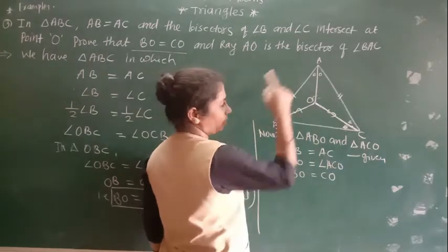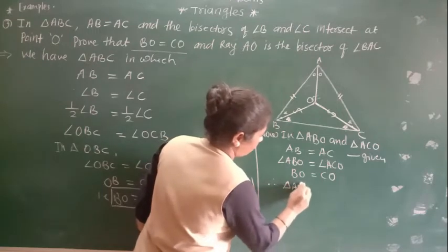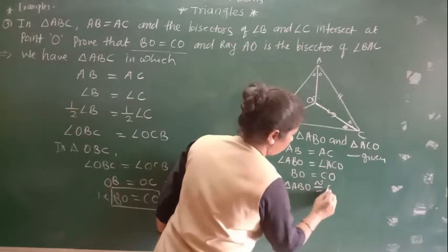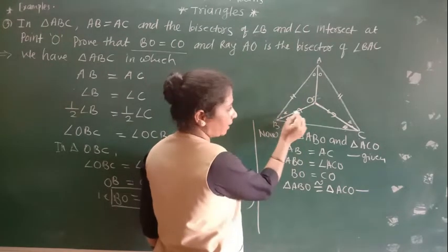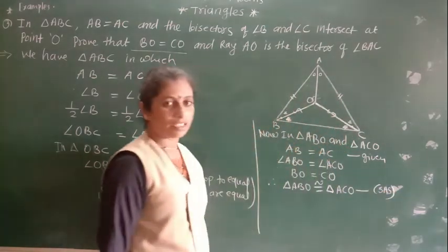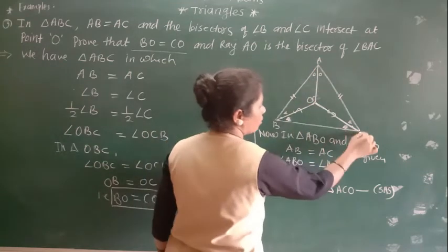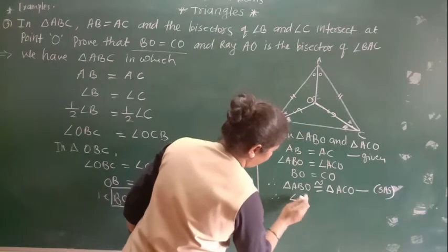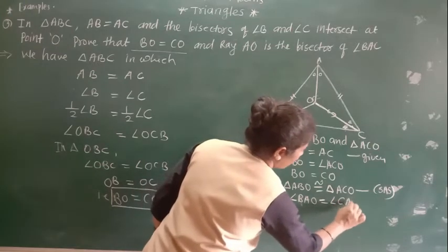So are these two triangles congruent? Yes, of course. So triangle ABO is congruent to triangle ACO by which criteria? Side, angle, side. So by SAS congruence criteria, these two triangles are congruent, and by CPCT we can write angle BAO equals angle CAO.